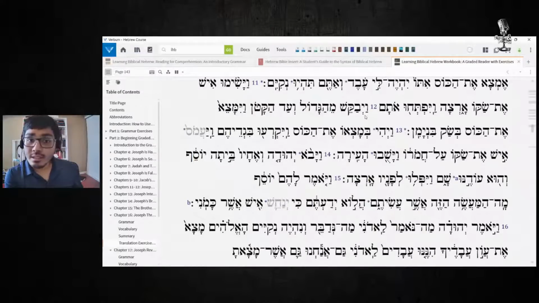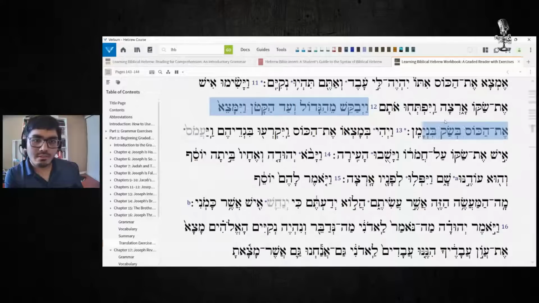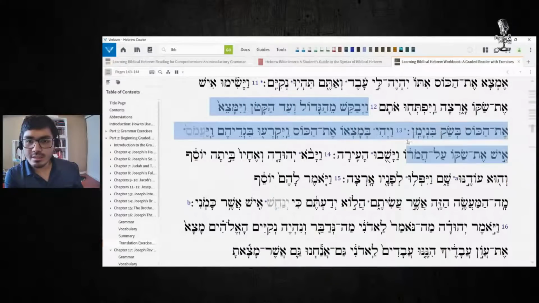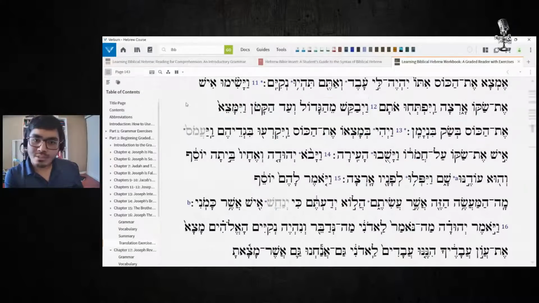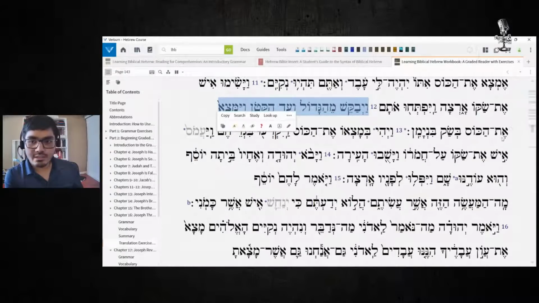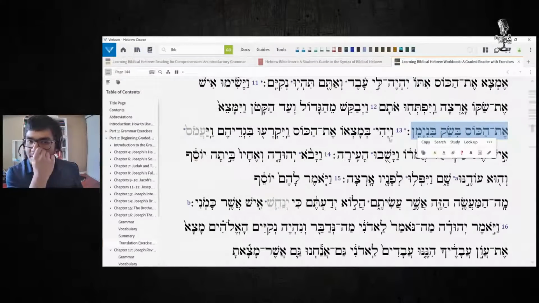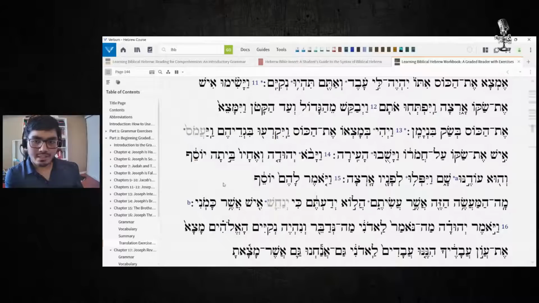And in verse 12, V'yivakesh me hagadol v'ad hakaton v'yimatze et hakos b'sak binyamin. So he sought from the greatest until the smallest, and he found the cup in the sack of Benjamin, right where it was placed in the very beginning.